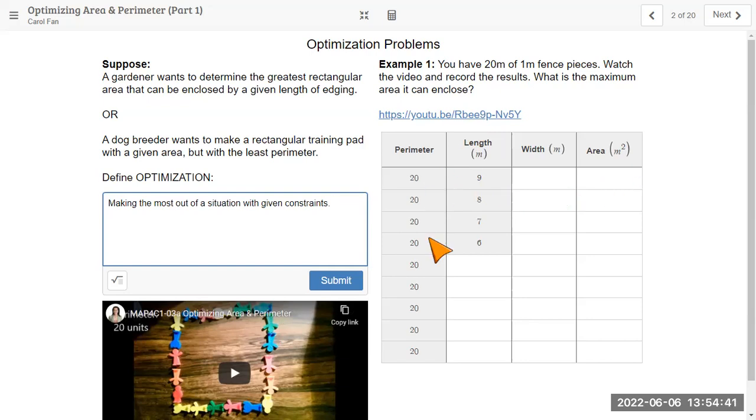The perimeter is fixed at 20 meters. Generally, when you have a fixed amount of pieces for the perimeter, you often want to maximize the area. While you are watching the video, you could copy some of these down, and then we'll have our completed chart.